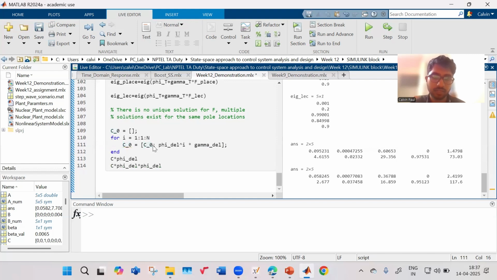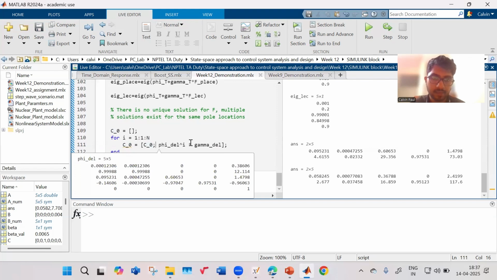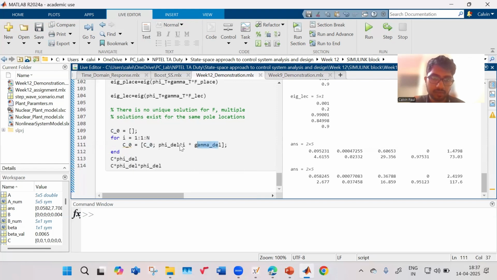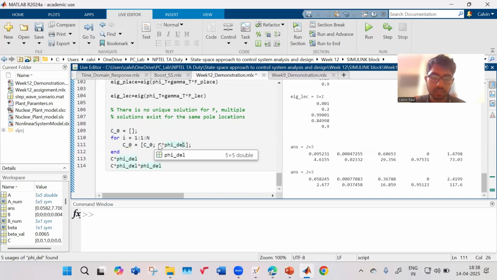Then the next row will be C into phi underscore del raised to i.